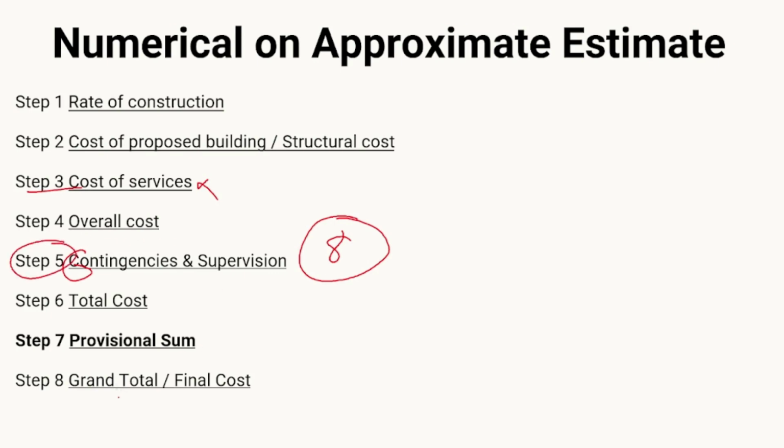Suppose the provisional sum is not given, then we can drop step 7. These steps are for a complete numerical, but in certain numericals, depending upon the available data, we might need to drop some steps. But remember that this is the general criteria and these are the steps which we have to follow. So remember these steps and then apply the suitable ones as per the data given in the numerical.